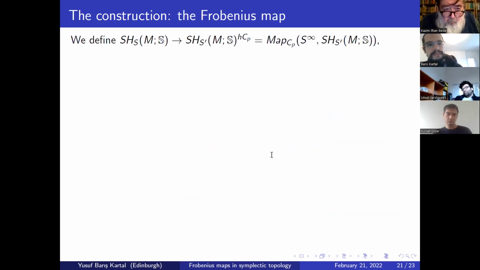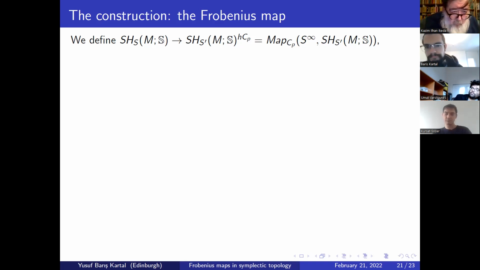And I won't say much about the Frobenius map. You define a map from this guy to this guy, where you actually switch the models. So you replace the base S with another S prime. It doesn't matter because it's all homotopy equivalent, and you target the homotopy fixed points. Homotopy fixed points just means the space of circle equivariant maps from S infinity to this guy here.